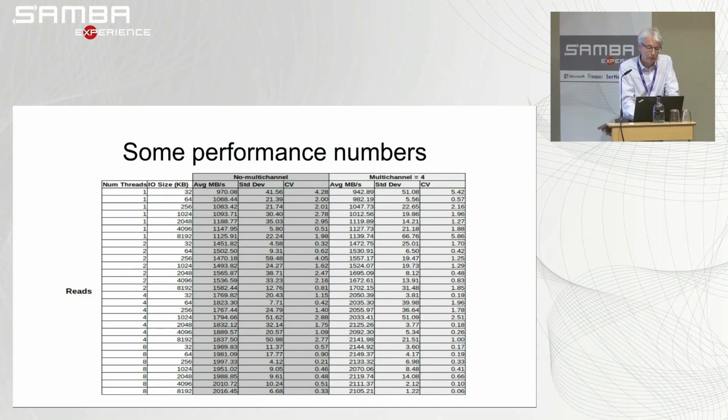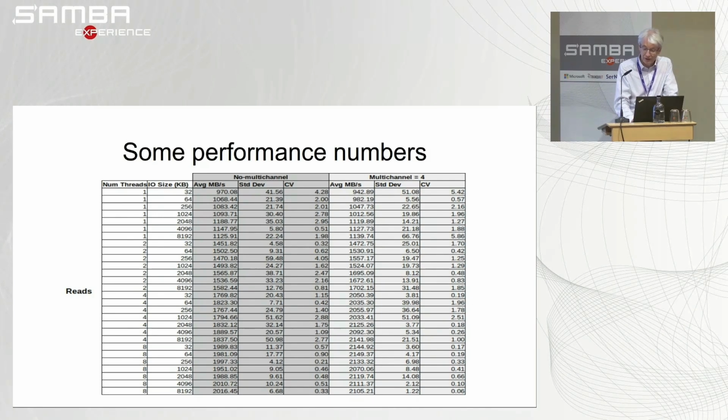But the result overall really is mixed, right? So you can see if I do small block sizes and 1 thread, there's practically no advantage for multi-channel. And on the other side, also for high numbers, right, we get into a saturation with no multi-channel, and so there's very little advantage for multi-channel.